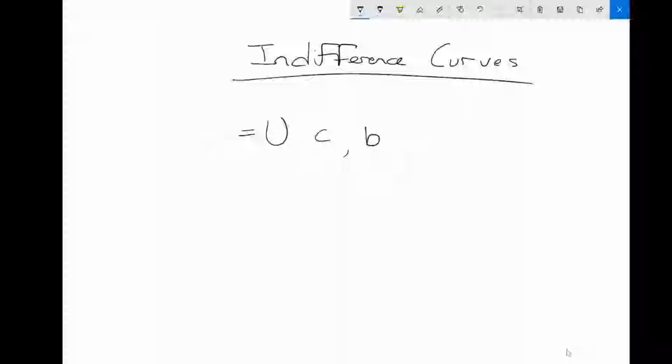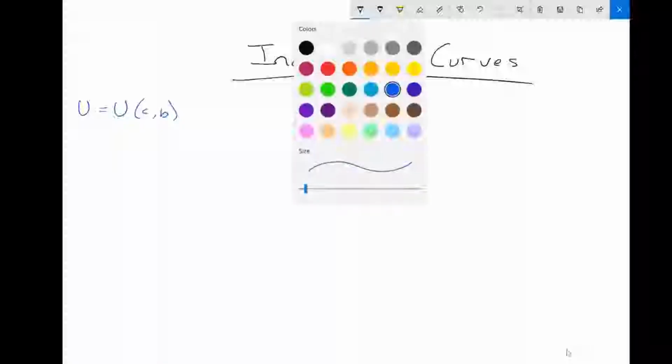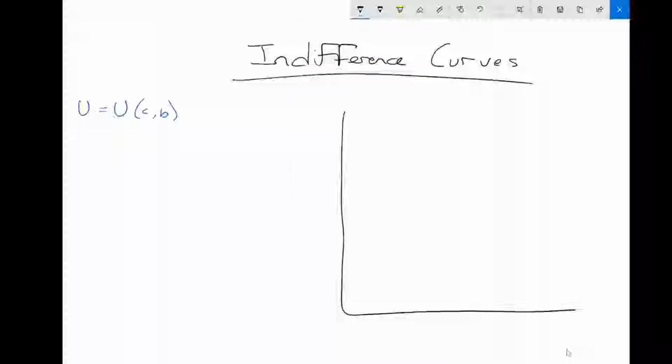I'm going to have some math on the left and the graph on the right. We're going to graph these two goods. We're going to have coffee down here, and bagels up here. So let's say that we have a utility function, a function of coffee and bagels.